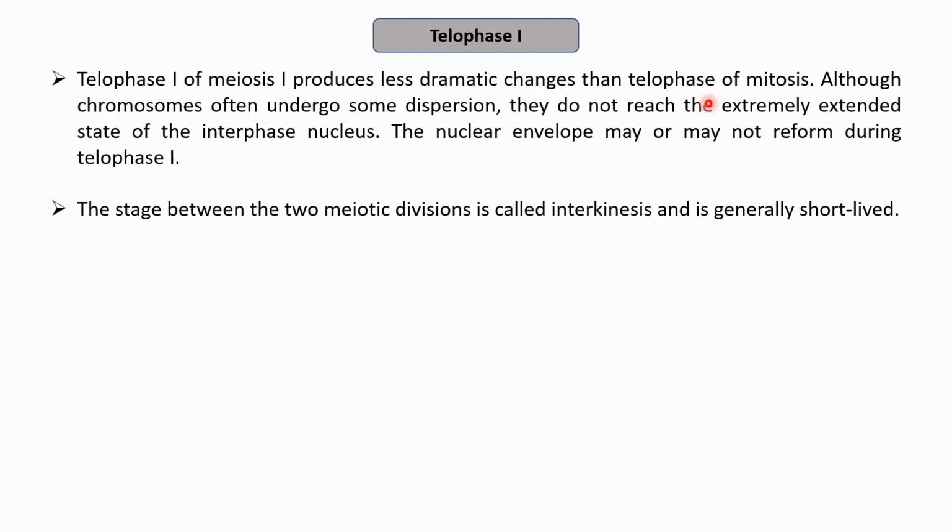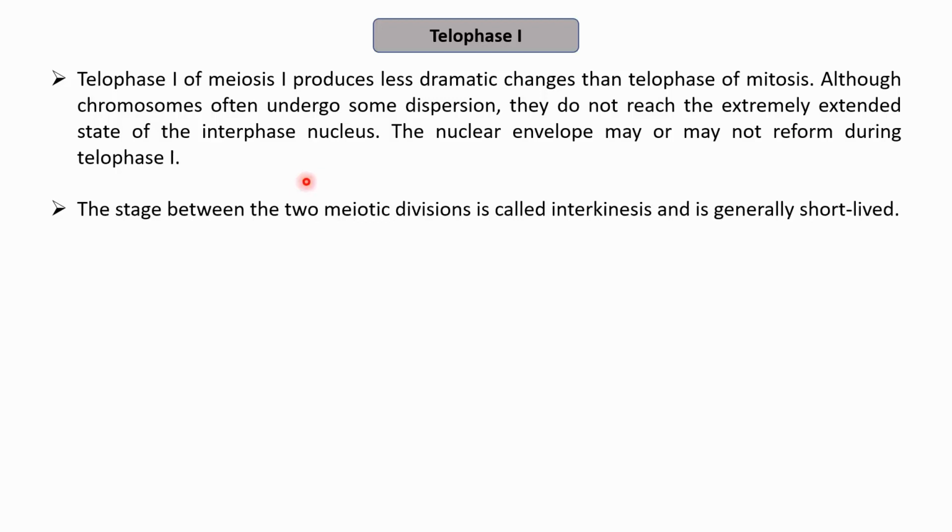Therefore, the activities that happen in the telophase of mitosis, like forming the nuclear envelope or the chromosomes loosening into chromatin, do not happen in telophase 1. Although chromosomes may often undergo some dispersion, they do not reach the extremely extended state of the interphase nucleus, unlike telophase in mitosis.